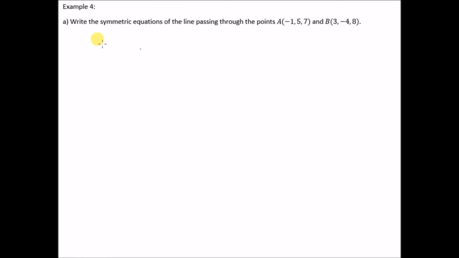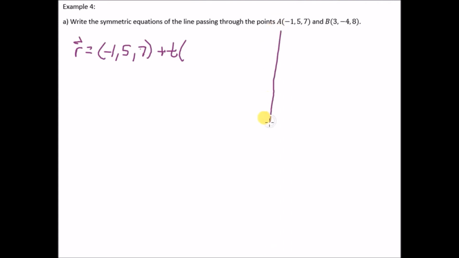So example 4, write the symmetric equations of a line passing through the points A and B. What we need first is we can write it in the vector equation first. So let's write negative 1, 5, 7 plus some parameter, but then we need a direction vector.